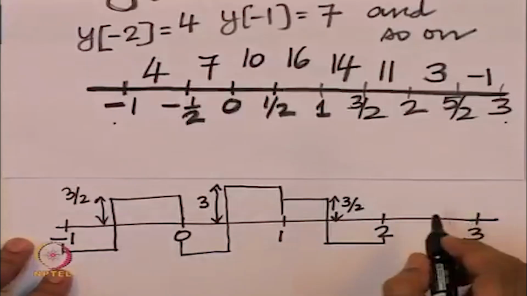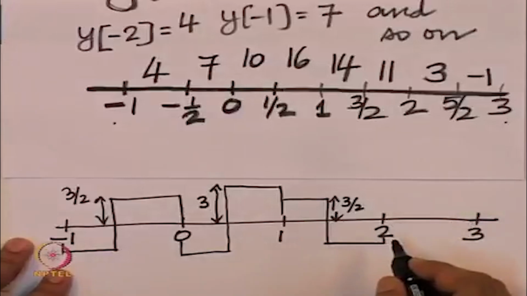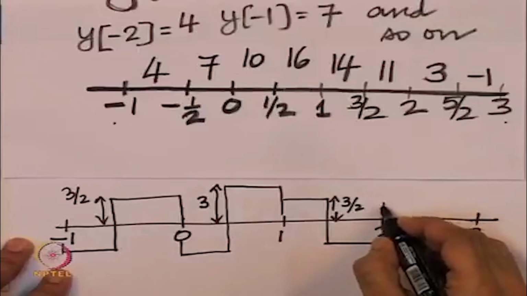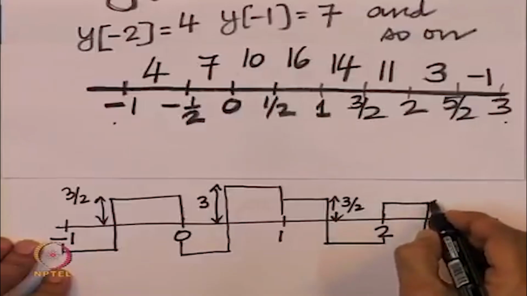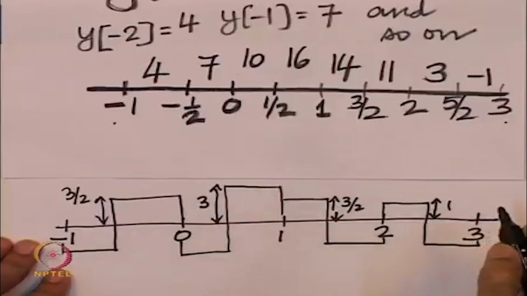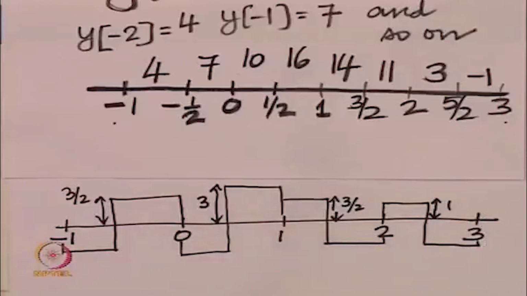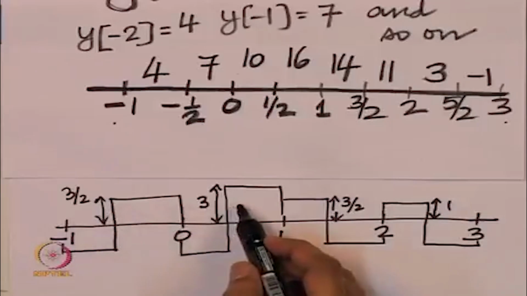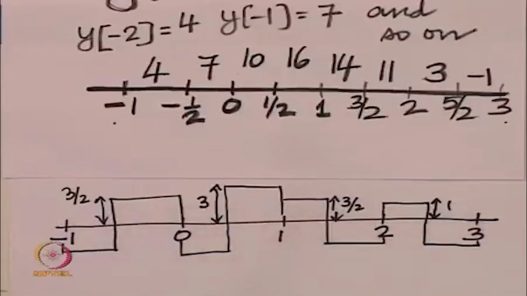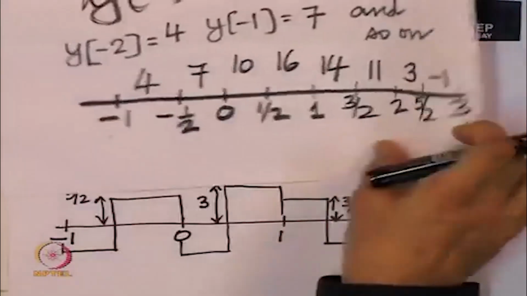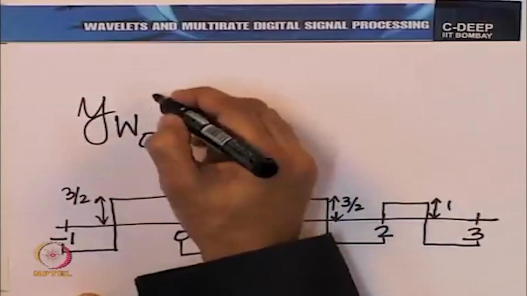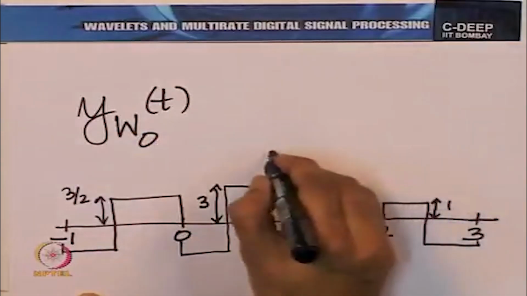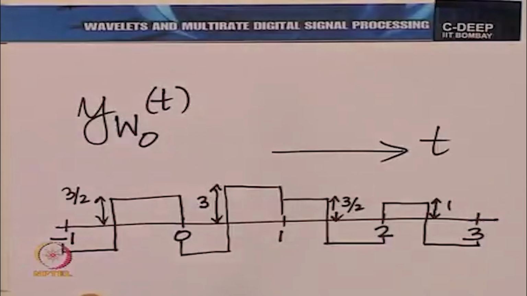And finally, in the interval between 2 and 3, you have a height of 1 and a positive multiple of psi t placed. Three by 2, 3, 3 by 2 and 1. So, this is the projection of y on the space W 0 as a function of t. Simple.